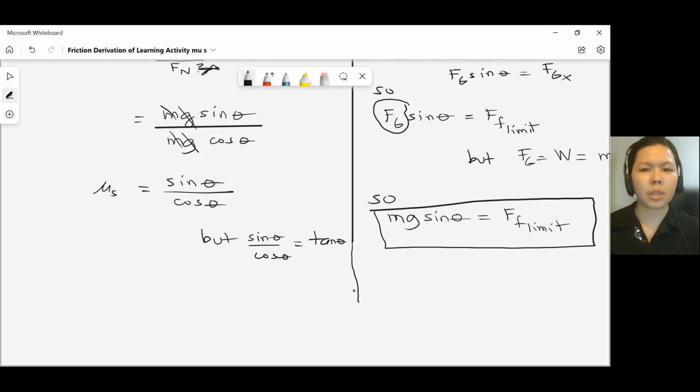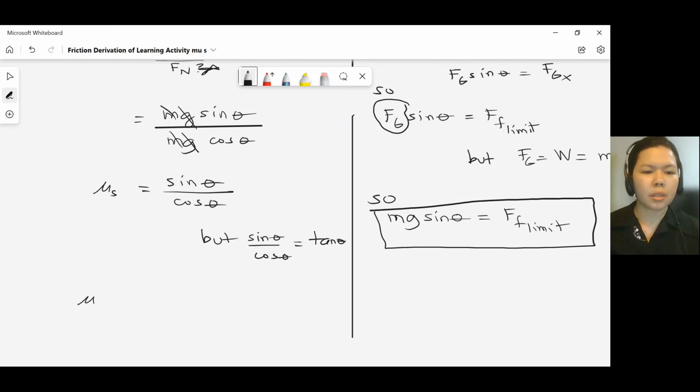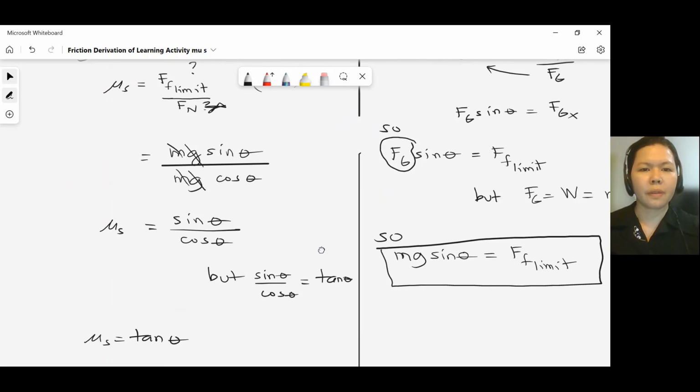This is a trigonometric identity. So mu s is tangent theta.